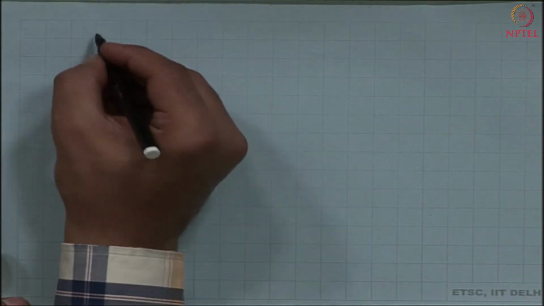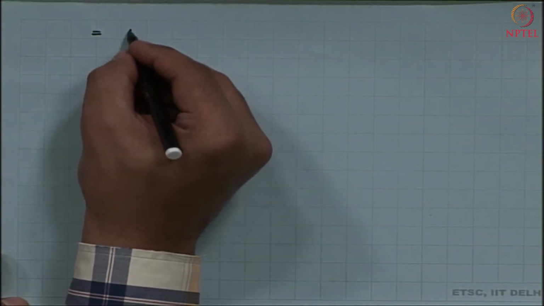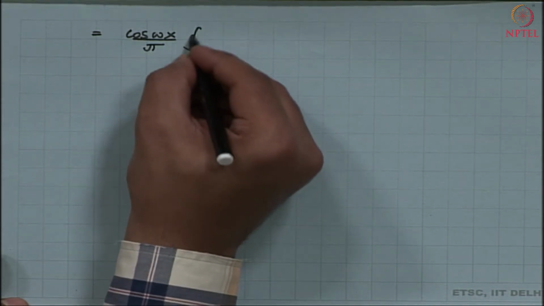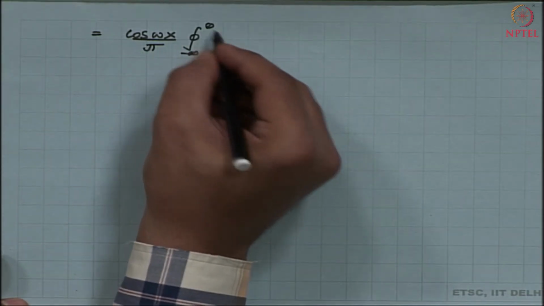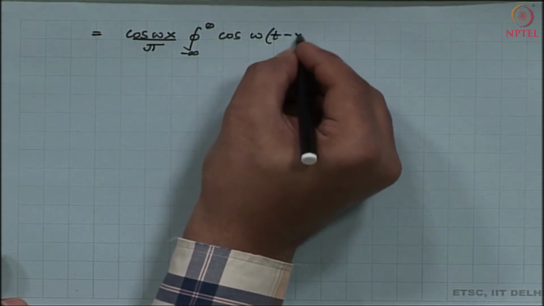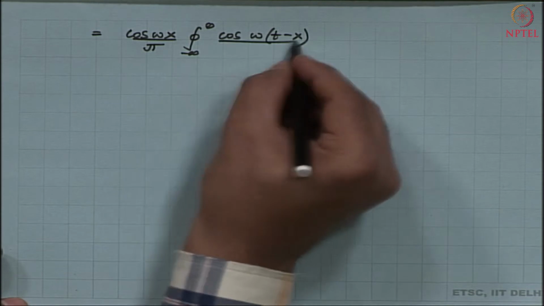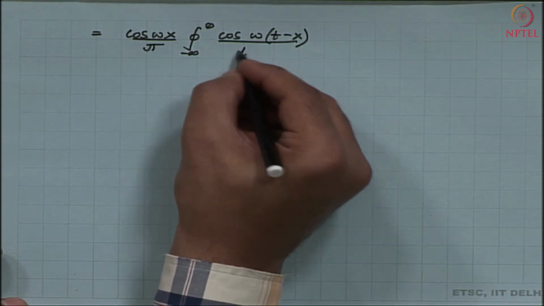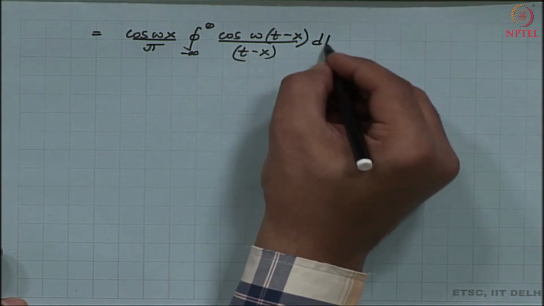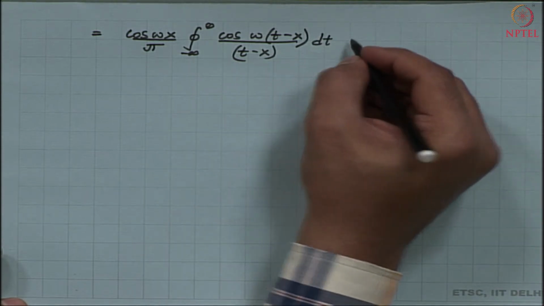So, what I get is the following. The expression looks like this: cos omega x divided by pi, the principal value integral of cos omega (t minus x) divided by (t minus x) dt.